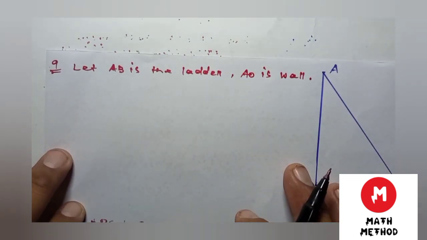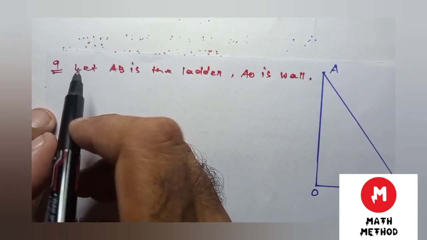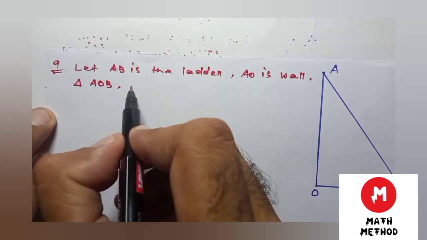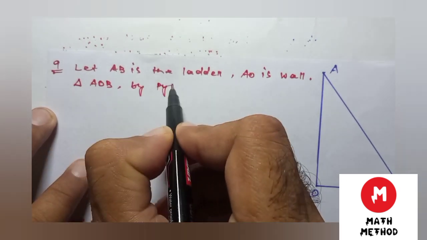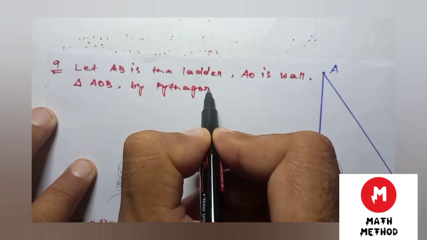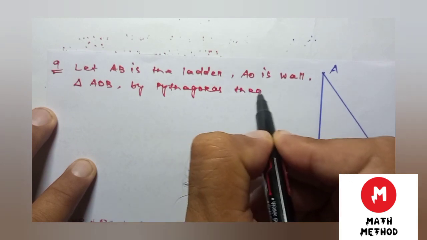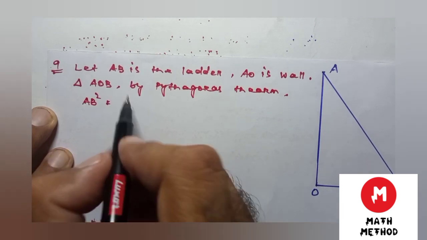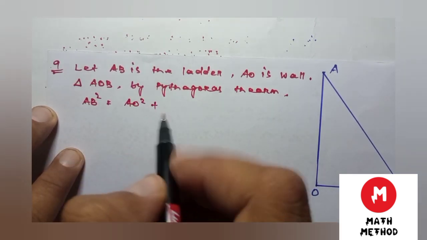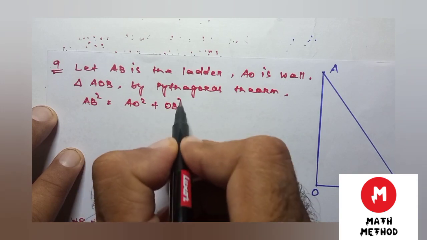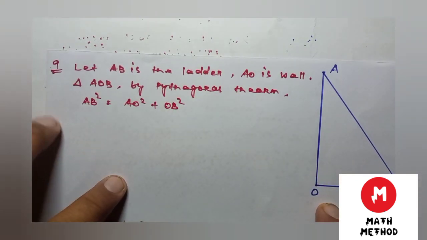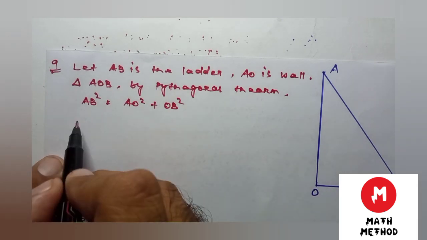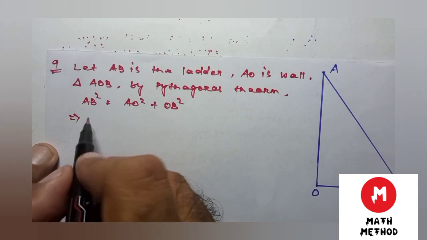Hence, by applying Pythagoras theorem in triangle AOB, here AB square is equal to AO square plus OB square. So we have to find out the distance between the foot of the ladder and the foot of the wall. So implies here OB is our distance.